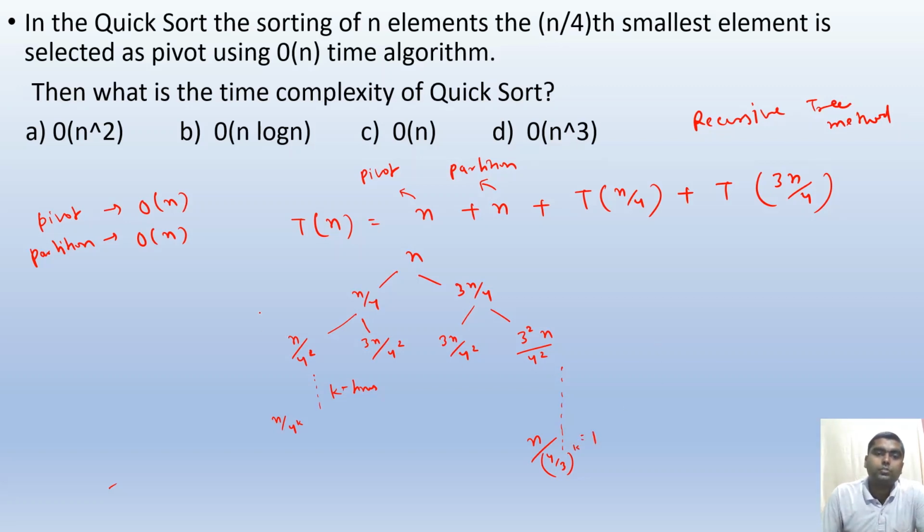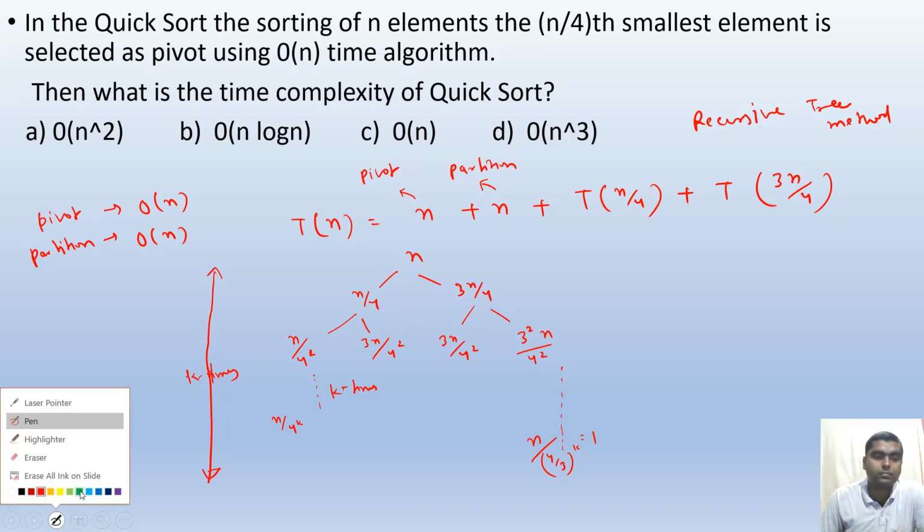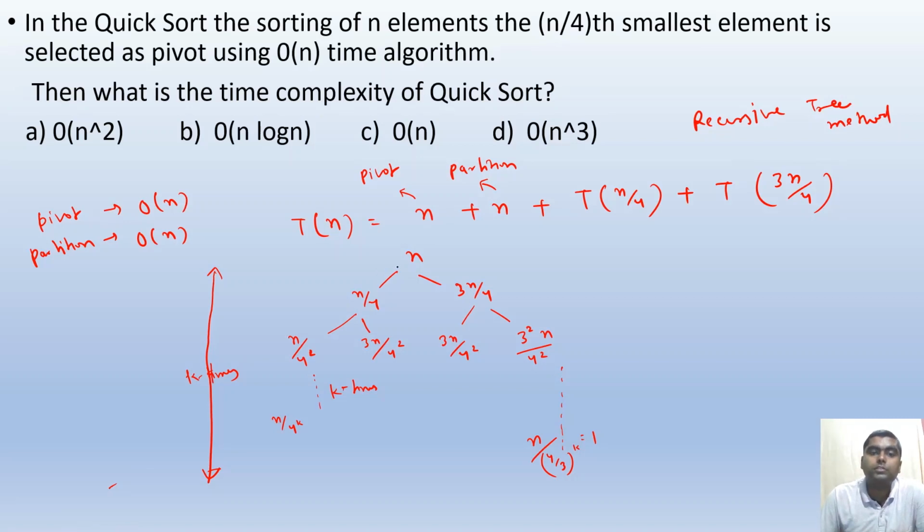Okay, so this is k times. So here, let me write this also in a beautiful manner. Here it is n time, here also the overall time is n, here also the overall time is n. So overall time is what? So time complexity is n k.